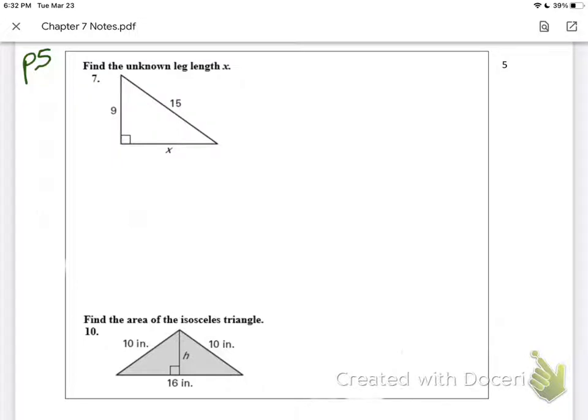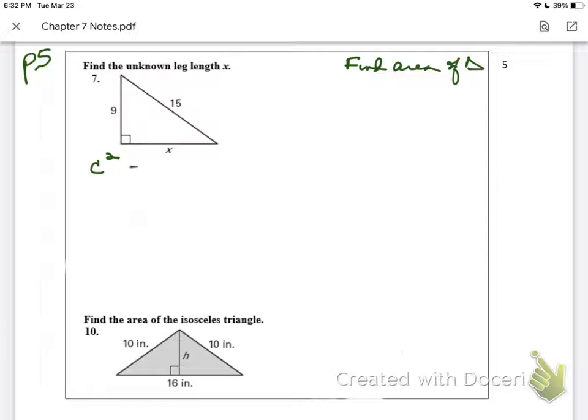So I'm going to do this. I'm going to find 2 things. First, I'm going to find the unknown leg length, and then I'm going to find the area of the triangle. Okay, so I'm asking you to do 2 things, so I'm going to do them with you right now. You know that the largest side is the hypotenuse, and that's called the C side traditionally.